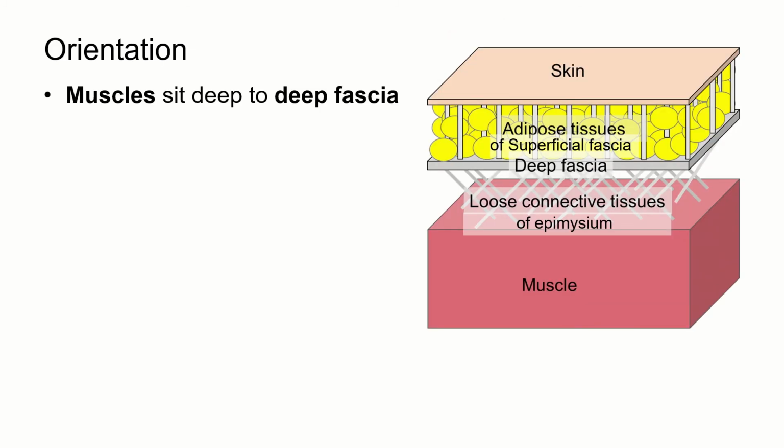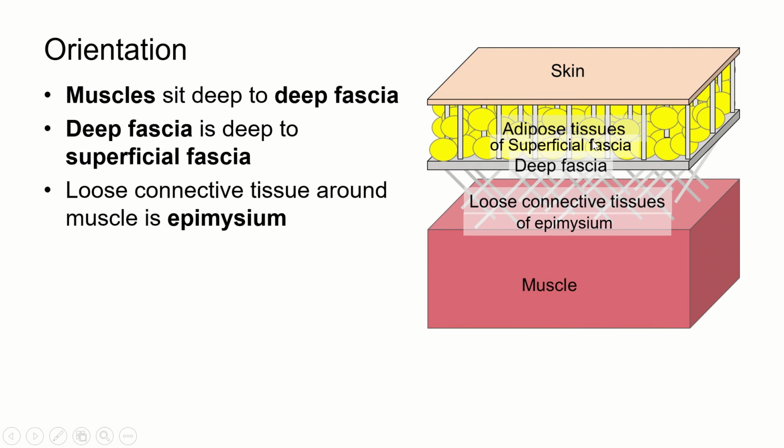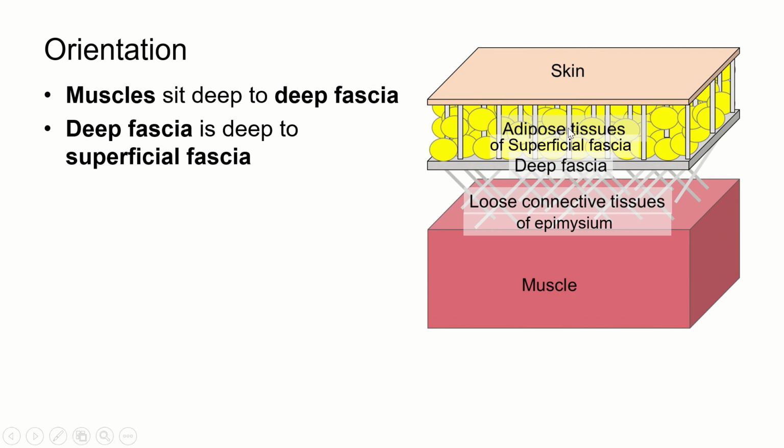Okay, now the orientation of the muscles themselves. The muscles sit deep to a layer of tissue that we call the deep fascia. The deep fascia is deep to the superficial fascia, which is the subcutaneous layer that sits deep to the skin.